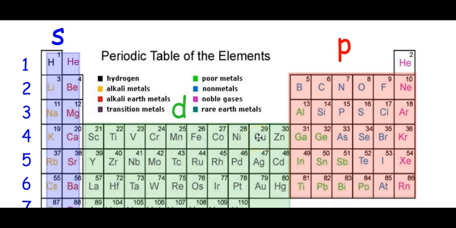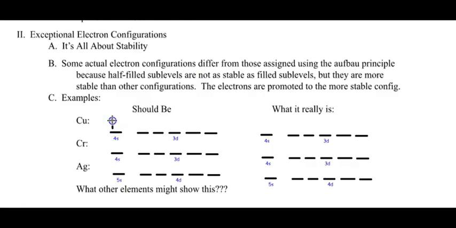So if you were to do this, it'd be 4s2, 3d9. Let's try that. 4s2, up, down. 3d9, ready? Up, up, up. These aren't really nice and neat, I apologize. Up, up. That's 5, 6, 7, 8, 9.